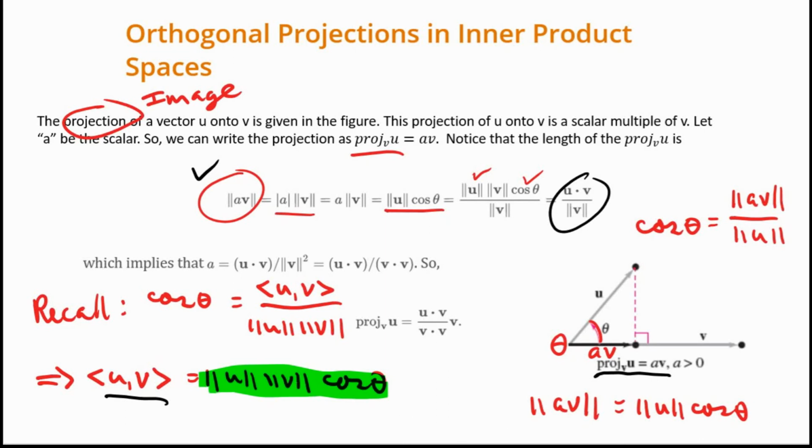He says, which implies that a is equal to the inner product of u and v divided by the norm of v squared, and so thus he ends up with the projection of u onto v, which is what you want. Now personally, I'm good here, but he says which implies, and I'm like, okay, I don't think that's that obvious, not to me. Now here's how I prove it, and the way he's using geometry to get his results.